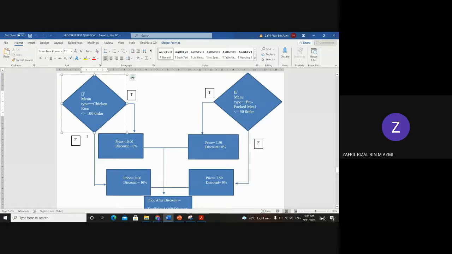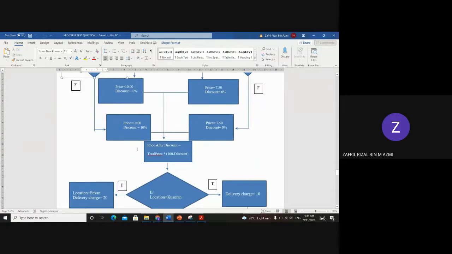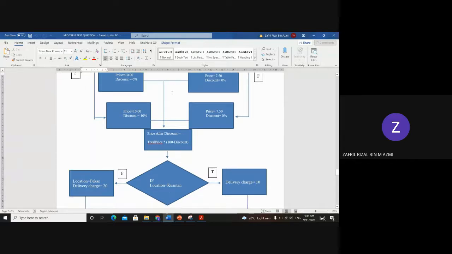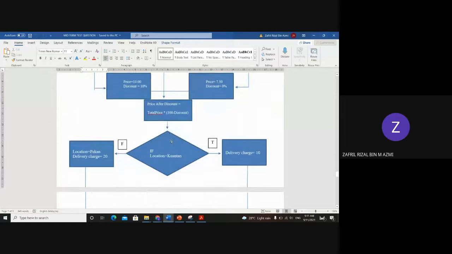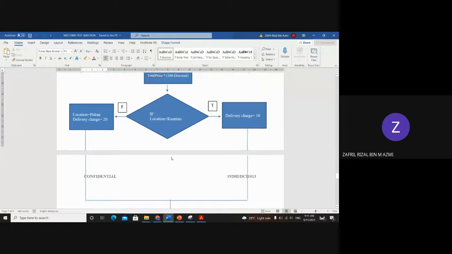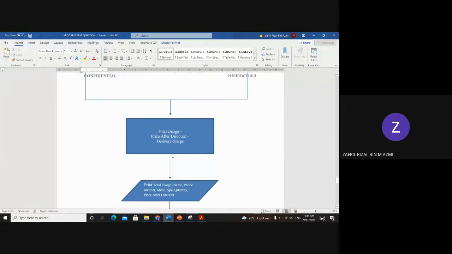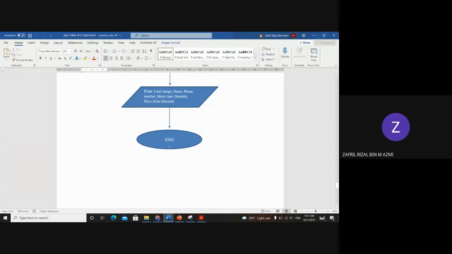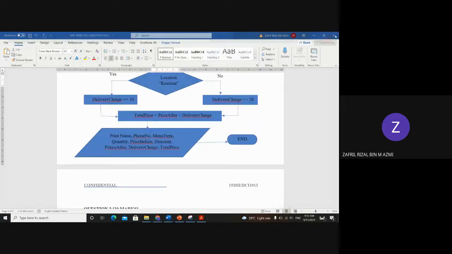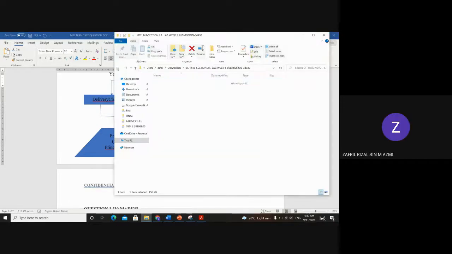Use arrows, so that when people read, they don't get confused. Okay, I think it is acceptable. Calculating the total charge. Okay, alright, fine, but use a proper symbol.